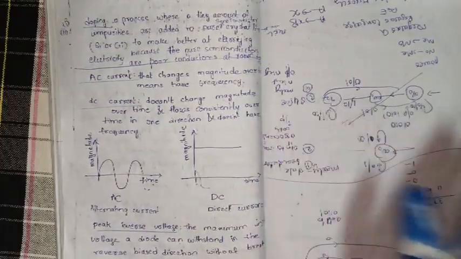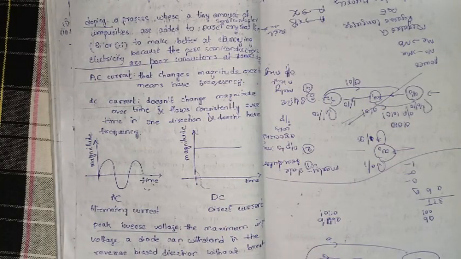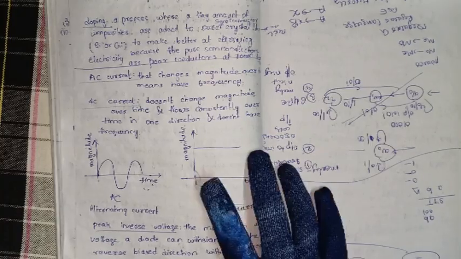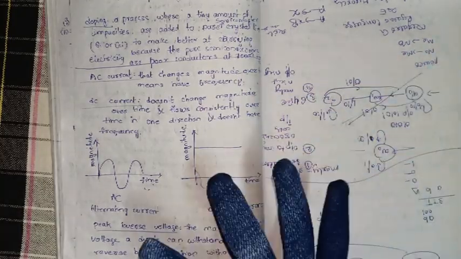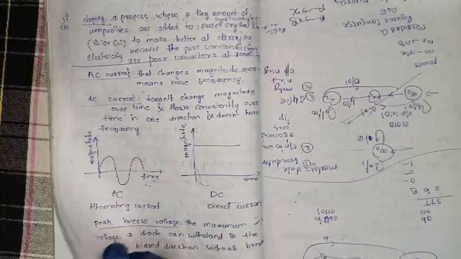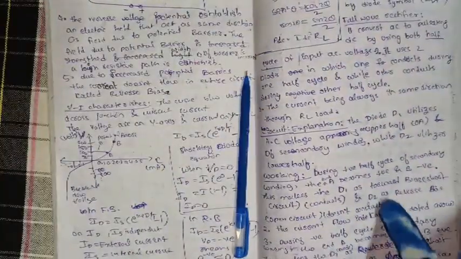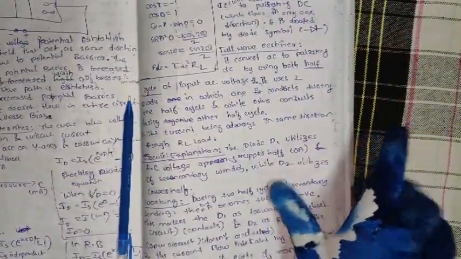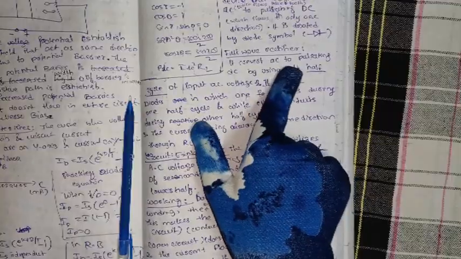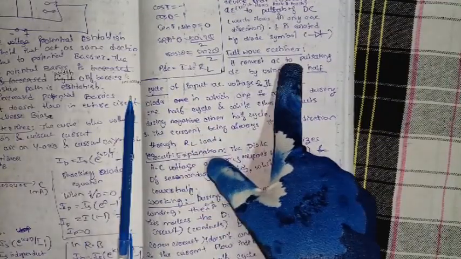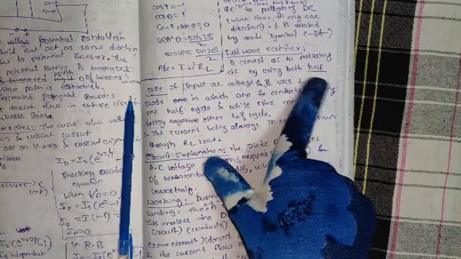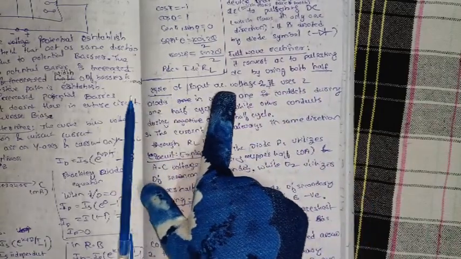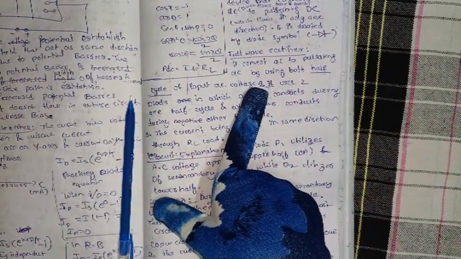Then we will see the full wave rectifier. A full wave rectifier converts alternating current to pulsating direct current by using both half cycles of the input AC voltage.